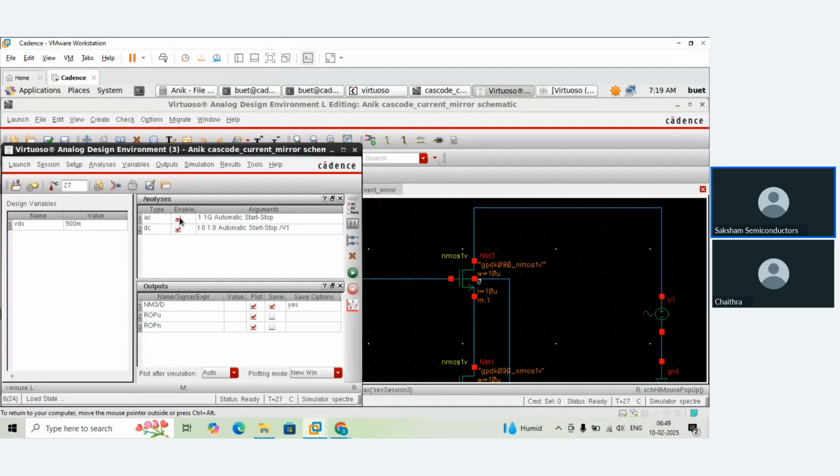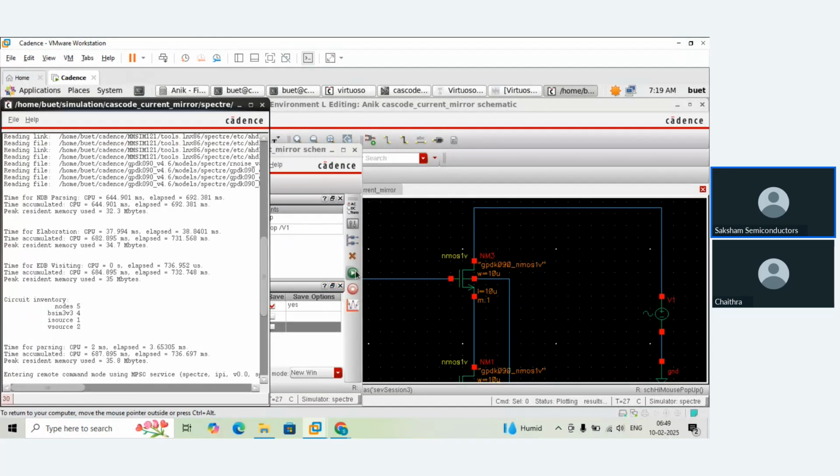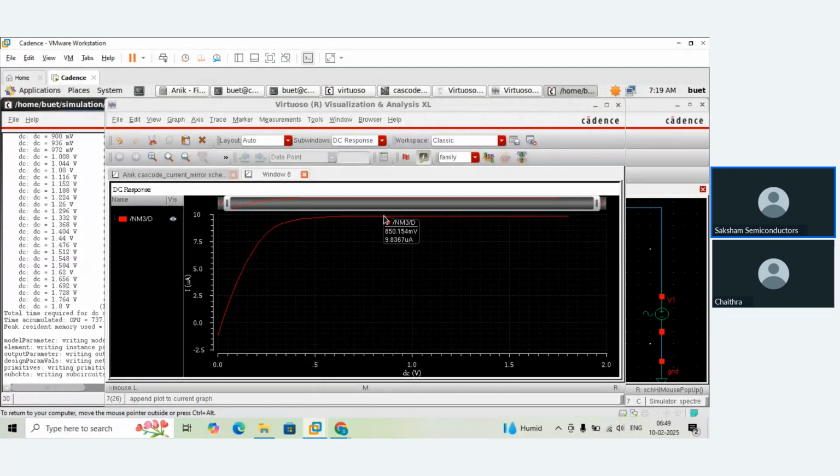For the time being, I'll disable the DC analysis and ROP and RON, and just do the DC analysis, which is going to give me the current. Hopefully it gives a constant current. You see, a constant current of almost 9.8 microampere, which is close to 10 microampere. So it is going to behave as a constant current source. That is fair enough.